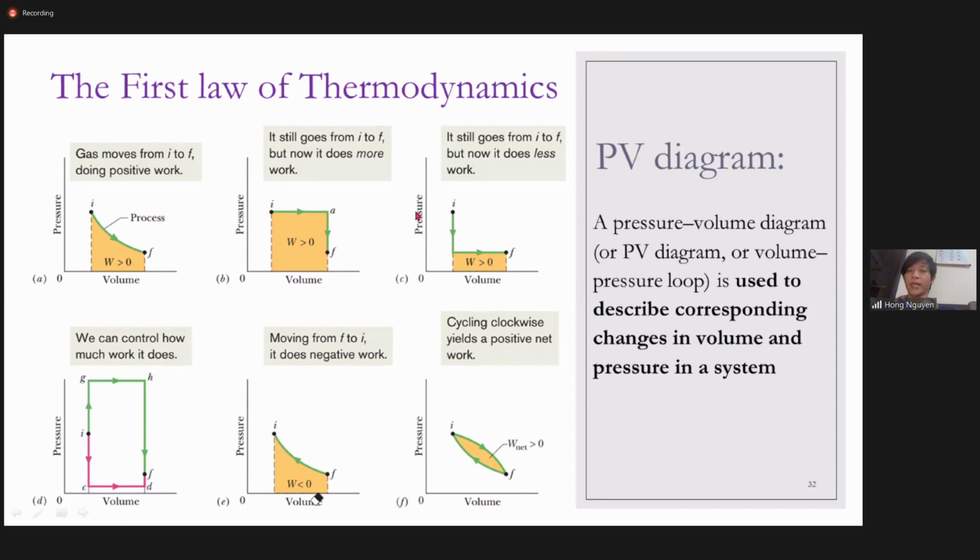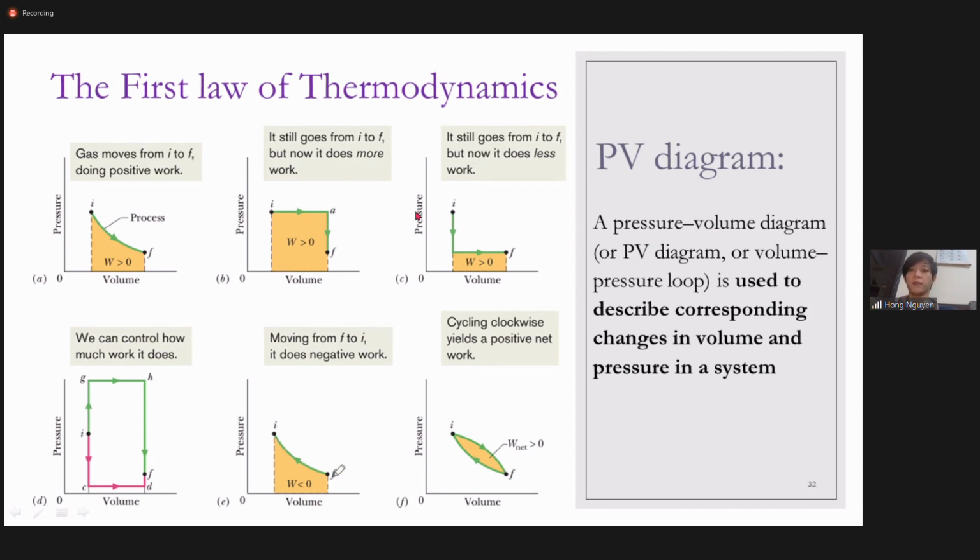So we can have a negative work also if we have a process like this. Here we go from F to I. So this is the initial state, and here, this is the final state. We go from F to I. What do we have?